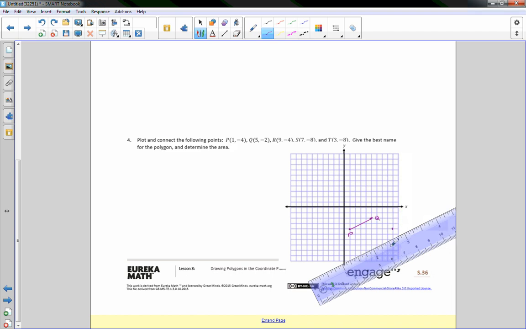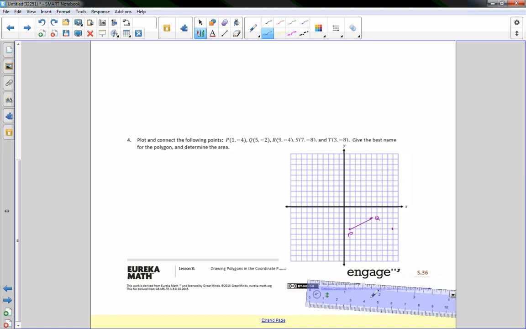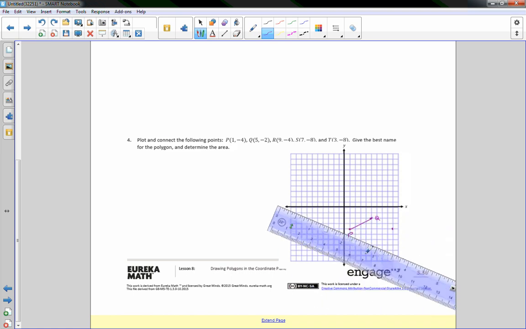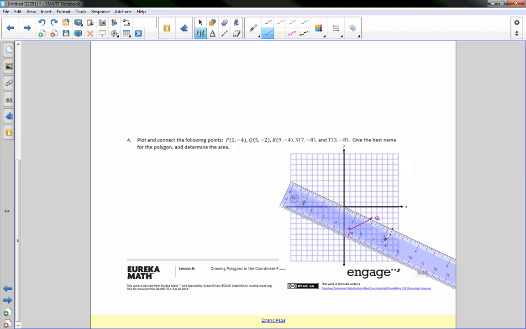And then I will draw the segment between those, from Q to here. Okay, so there's the segment QR. This is R. And now we want RS. S is 7, negative 8.